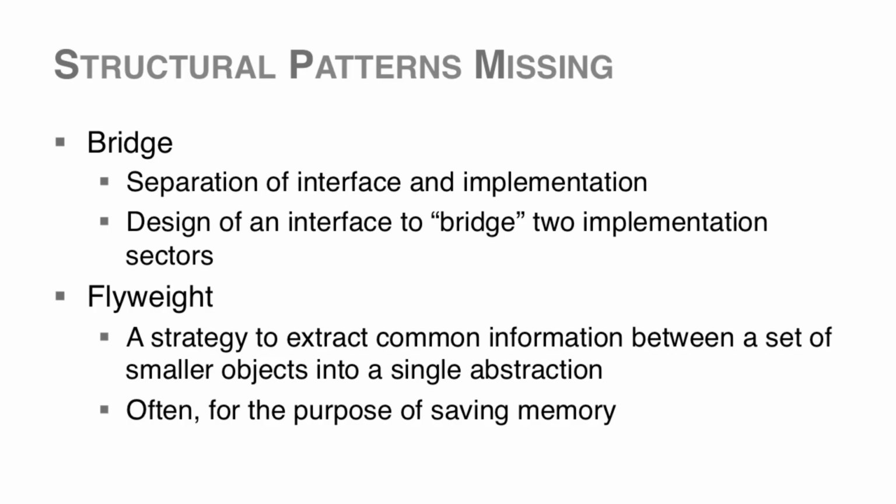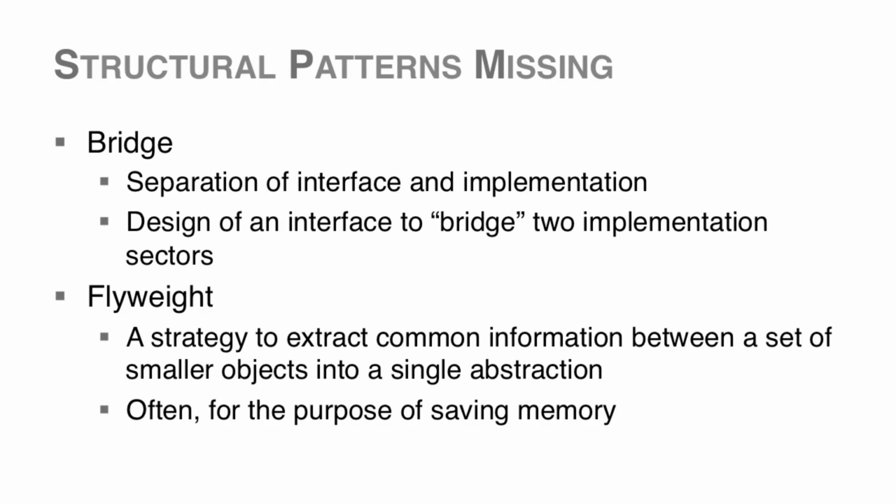In the structural patterns section of the Gang of Four book, we have the patterns called bridge and flyweight. Now, bridge is about how you separate interfaces from implementation, where you design an interface between maybe two sections of your implementation, and you define an interface that shows how these two sections interact.